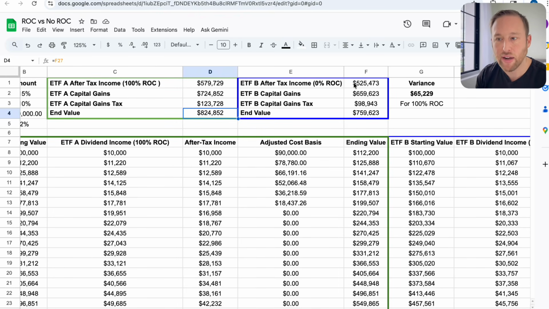For ETF-B, again, 525K taxable income, ETF-B capital gains is going to be 660K. And then the capital gains tax is certainly going to be less than ETF-A with 100K. And the end value is going to be 659K, guys.